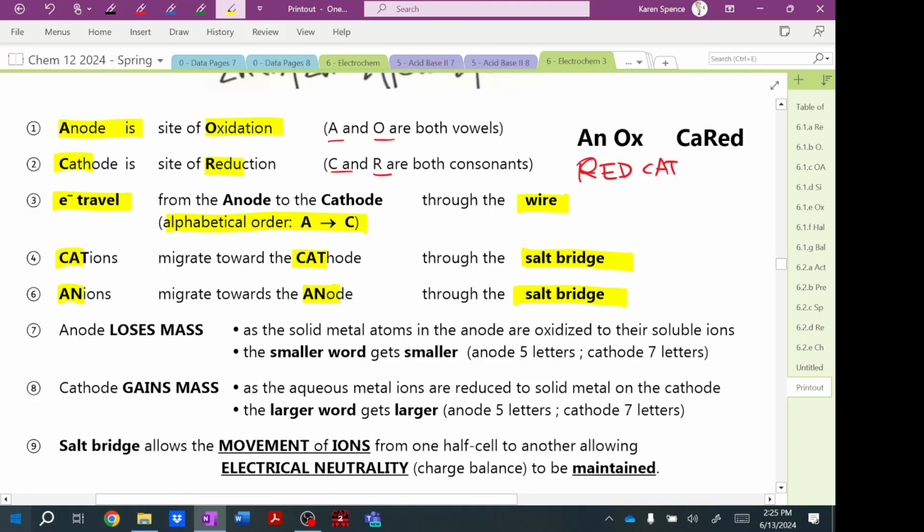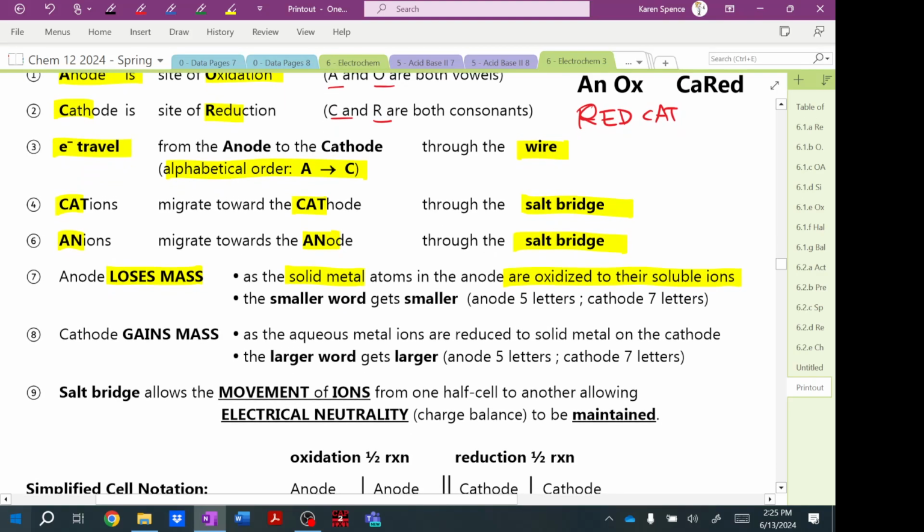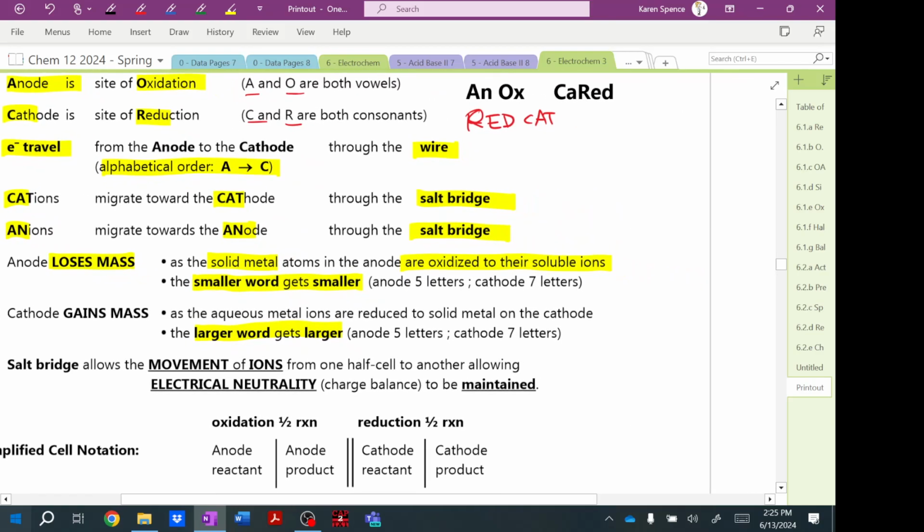The anode loses mass as the solid metal is oxidized to the ions. I don't know if this is a good way to remember it. The smaller word gets smaller. Anode only has 5 letters, cathode has 7 letters, so the larger word gets larger. Or you can remember fat cat, right?